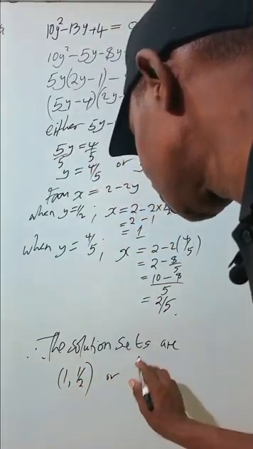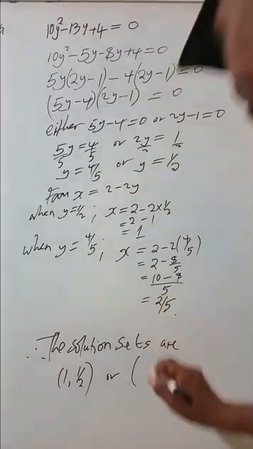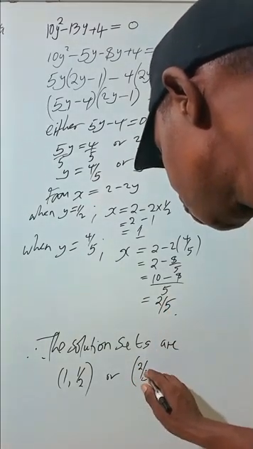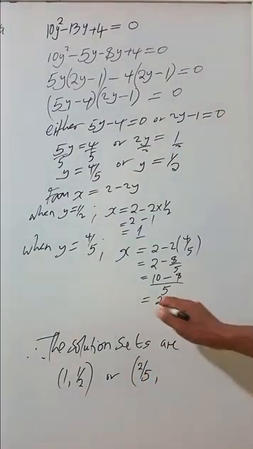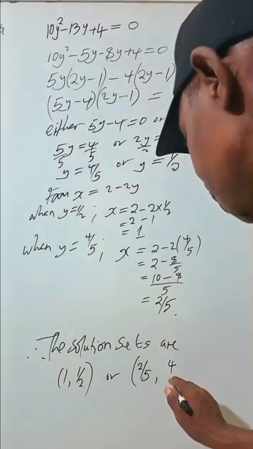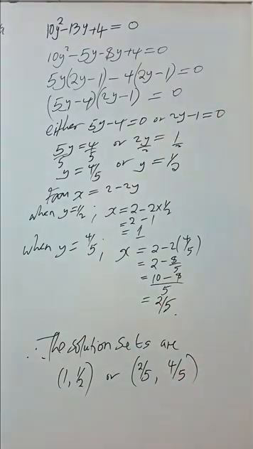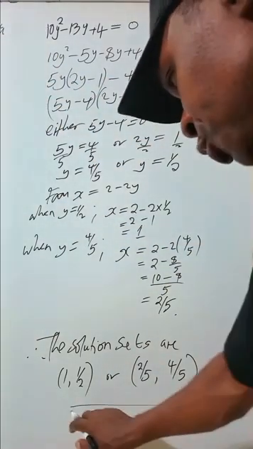Or the second one, we can take x to be equal to 2 over 5, and y will be equal to 4 over 5. So both solutions will give you the respective values of x and y if you substitute in those equations. So this is our final solution.